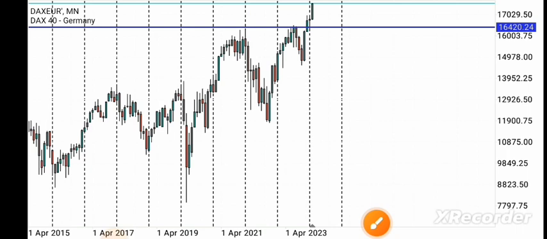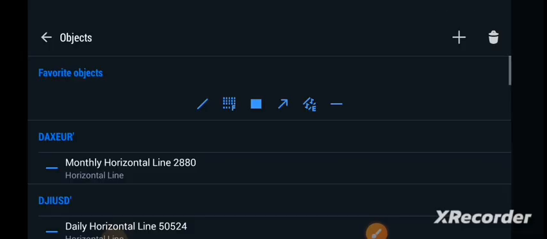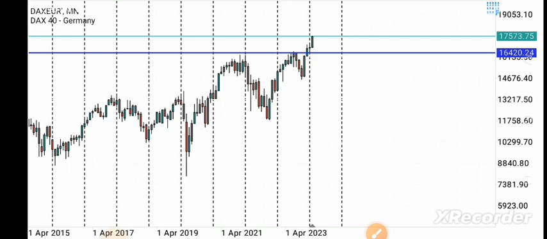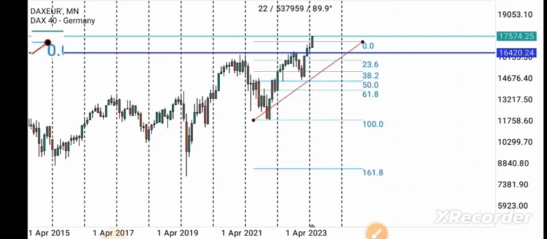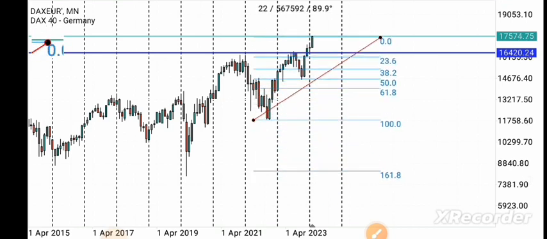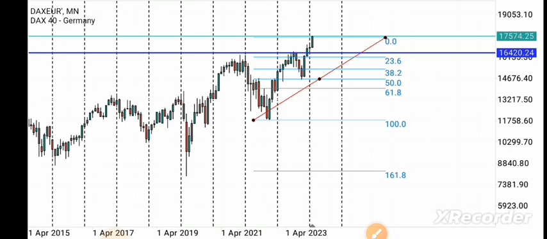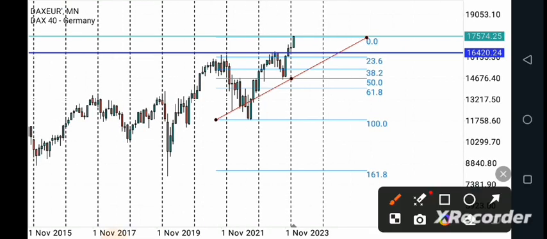In fact, I'm just going to utilize the Fibonacci retracement tool just to see if we have any key numbers that align with that neckline, right? Remember the neckline, which is over here, is now also a very strong level of support, right?